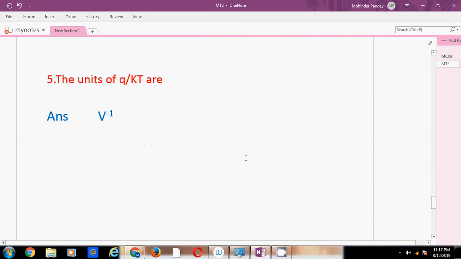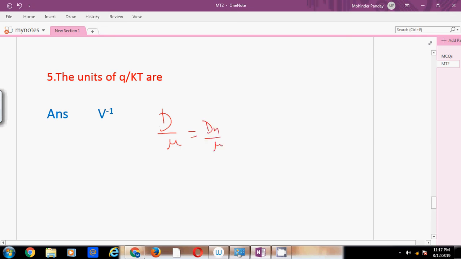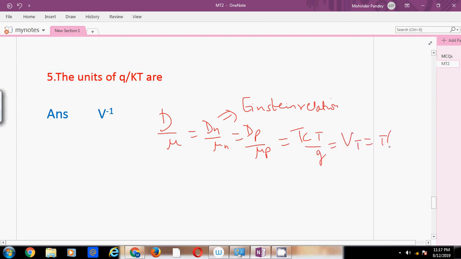Now last question, the units of q by kT. This is very important. It is always asked in the UGC NET exam. See, D by mu is equal to Dn by mu n is equal to Dp by mu p. Very important relation. This relation is called the Einstein relation. So this is also equal to kT by q, which is Vt, which is T in degrees Kelvin upon 11600.